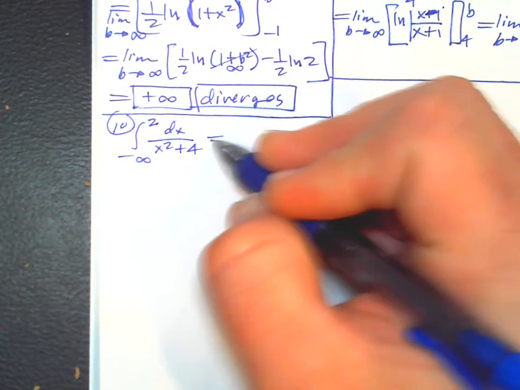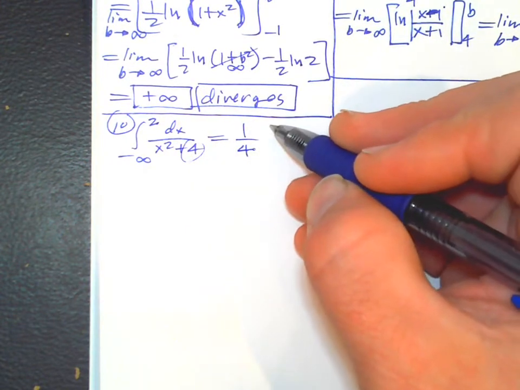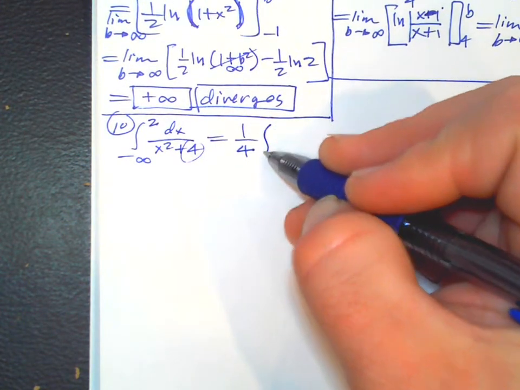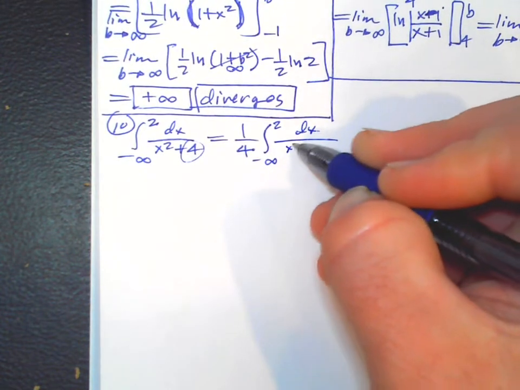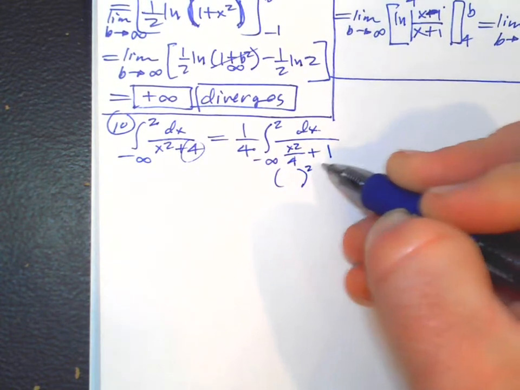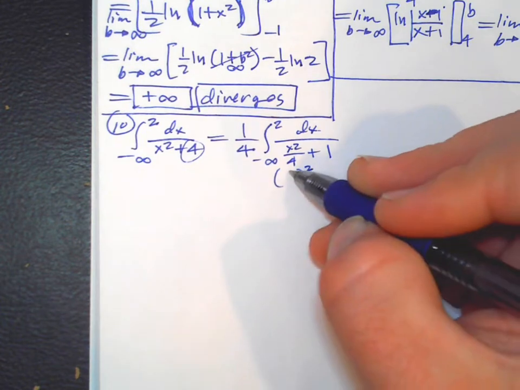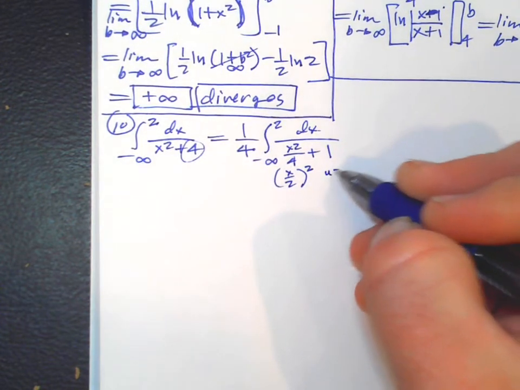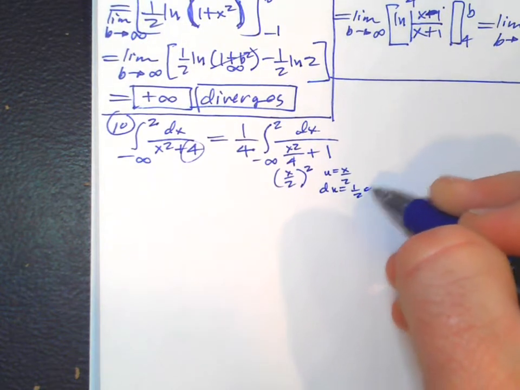We've got to take a 4 out of everything in the bottom, though, because this needs to be a 1. So if we do that, we get x squared over 4. And then what we plug in here, that's going to be your u. So x over 2. So u equals x over 2, du equals 1/2 dx.